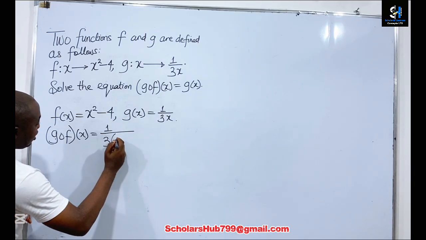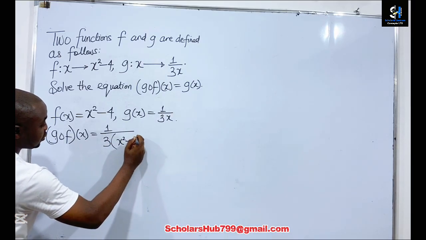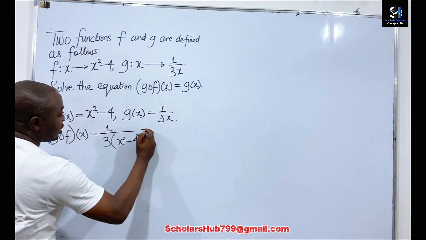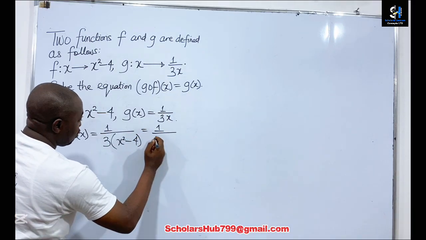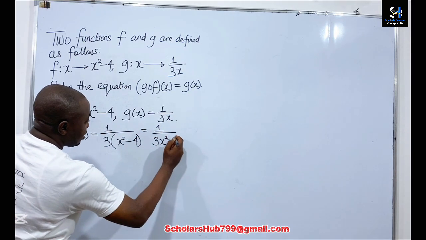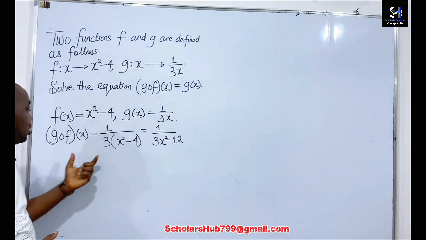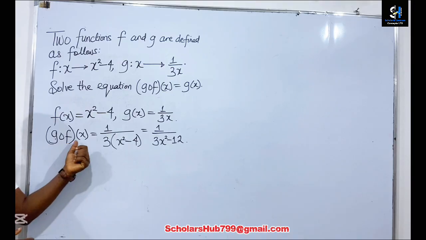So this will be x squared minus 4, and this will be equal to 1 over 3x squared minus 12. So this is the expression for the composition of g f of x.